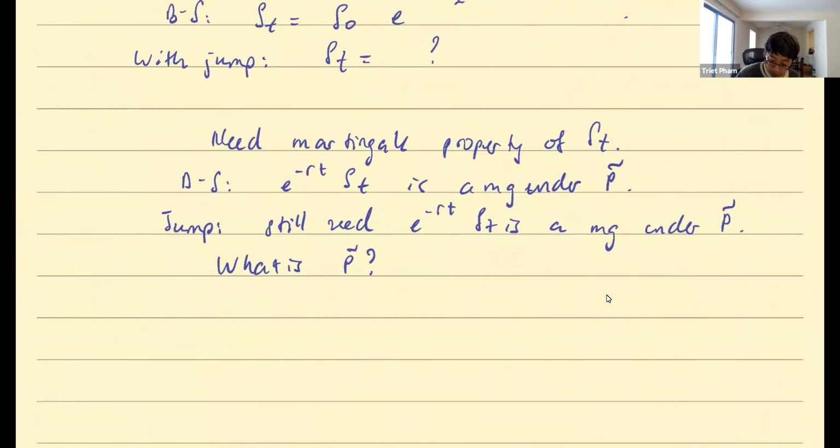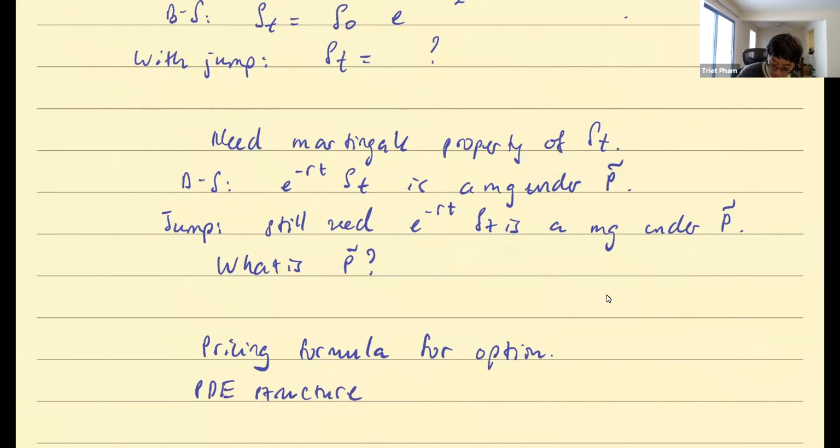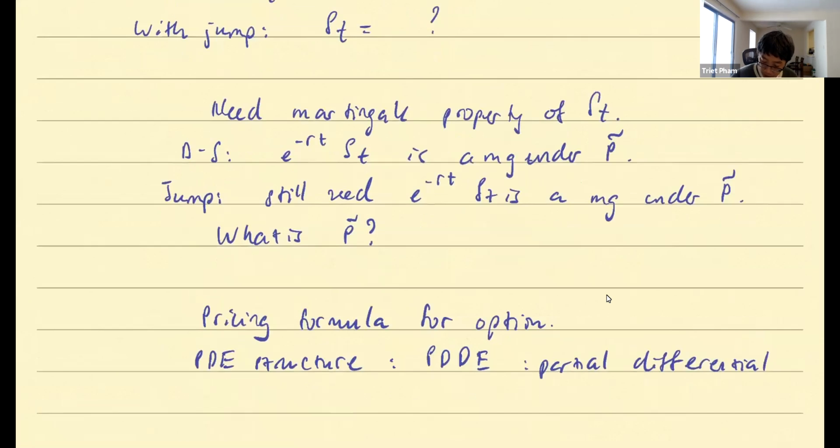And finally, if we put this together, we get pricing, basically the formula for the option. And if we feel like it, we can talk about some kind of PDE structure. But it's not going to be a PDE here. It's going to be a partial differential difference equation, so PDDE.